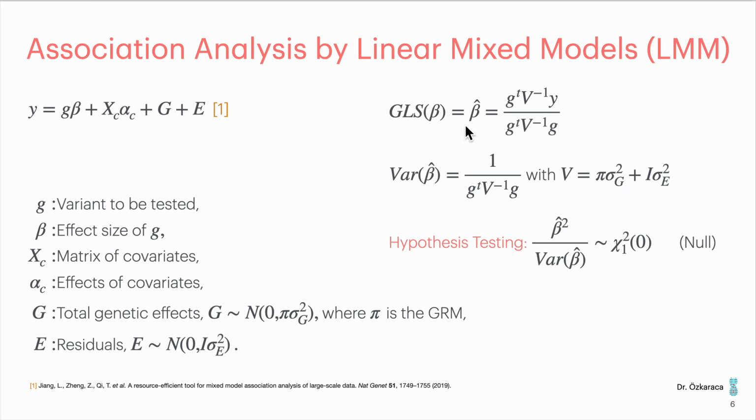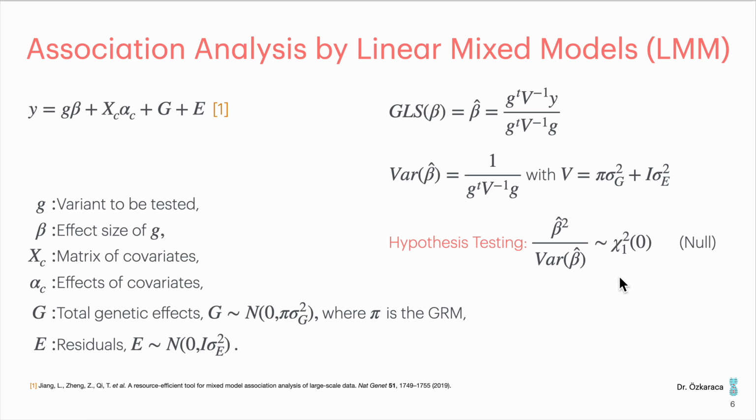But after that, once you get your beta hat and its variance, what we do is we define a test statistic and then apply hypothesis testing, assuming that this follows a chi-square distribution with degree of freedom 1 under our null hypothesis.